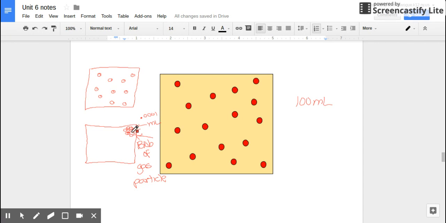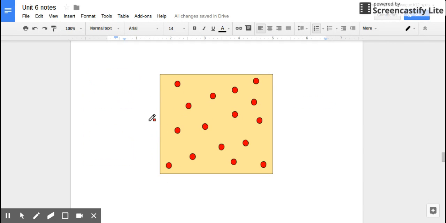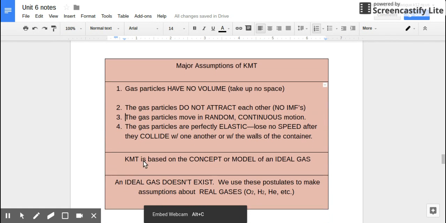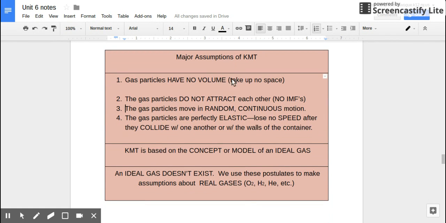So the volume of the actual gas is negligible compared to the volume of the entire container. That's what the first assumption of the kinetic molecular theory says to us. It says that gas particles have no volume, that they take up no space.